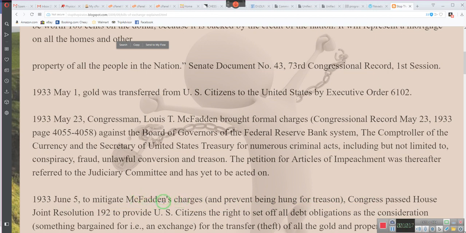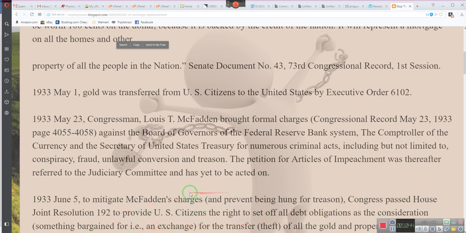You need to go back and look at the questions he's asking. He was the one going after the Federal Reserve. So, to mitigate McFadden's charges, because McFadden was saying that what they were doing was wrong, Congress passed the House Joint Resolution to provide the United States citizen with the right to set off their obligation.